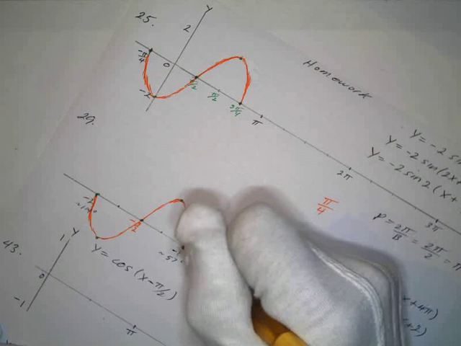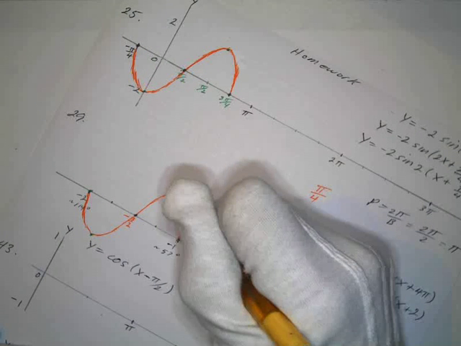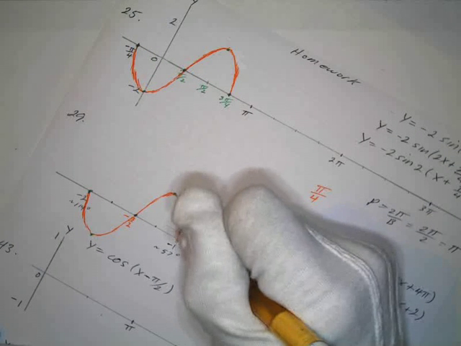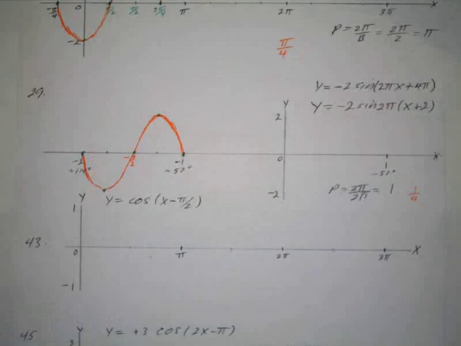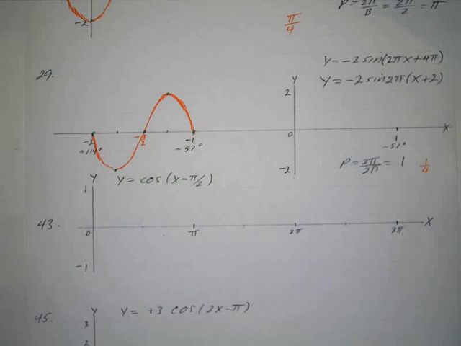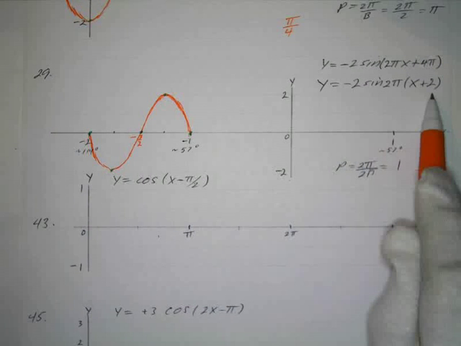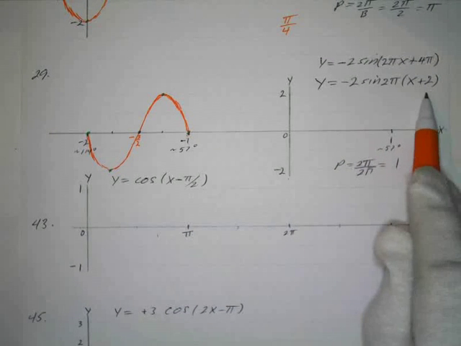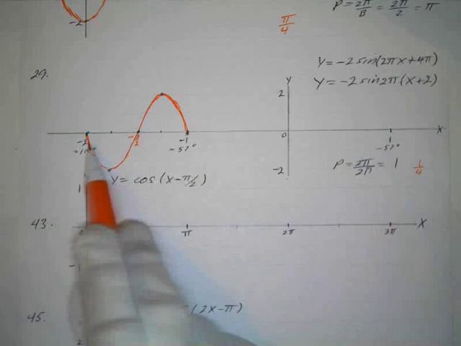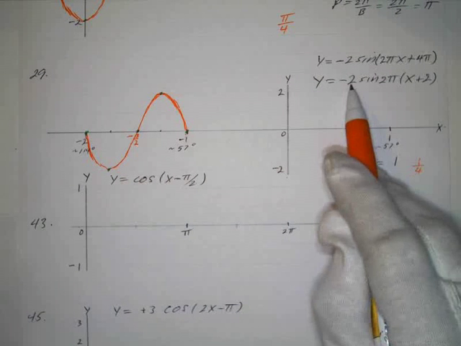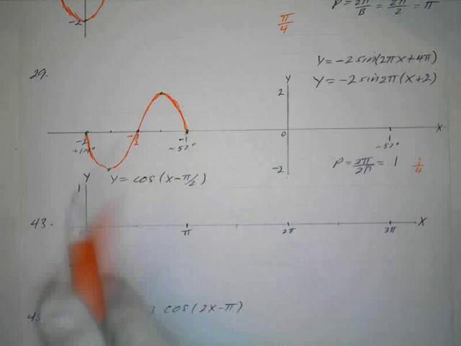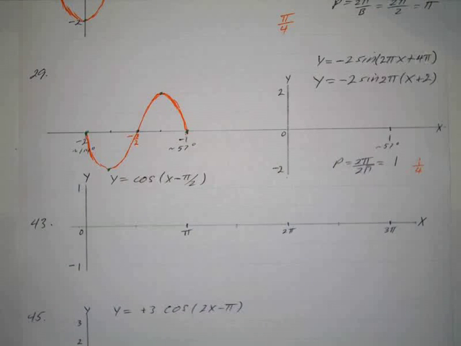Now again, it's the way you do your scale, so this could look very much like the first curve, but if it was in scale it wouldn't be, but it's hard to do a regular scale. So there you go, something like that. Okay, so it's shifted over 2 radians to the left. That's a 2 radian shift to the left. The period, because of this, is 1 radian. So there we go. And I've got an amplitude of 2, but it's negative, so it's going to go down and up rather than up and down.